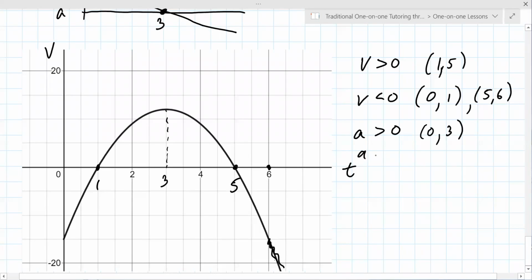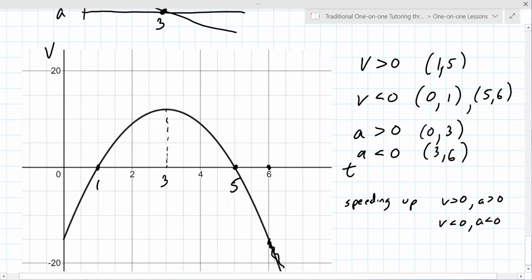When is acceleration negative? 3 to 6. Now, when is it speeding up? Speeding up is two situations: when velocity is positive and acceleration is positive, or velocity is negative and acceleration is negative.